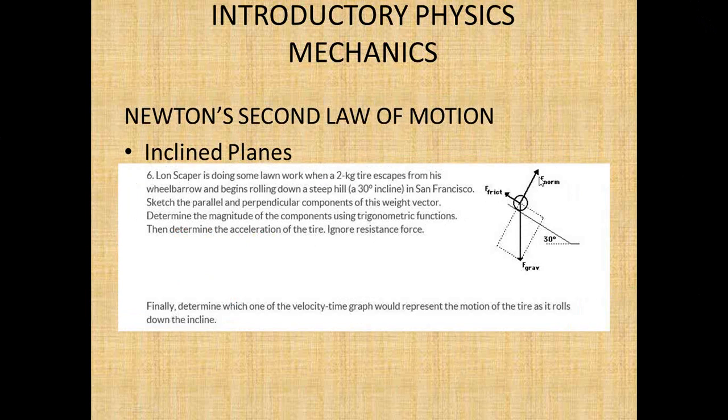to the surface, and then the parallel component, which is parallel to the incline, is going to pull the tire. That is why the tire is going to roll down the inclined surface, because there's a parallel component which is pulling the tire downward. Frictional force is going to be in the opposite direction.